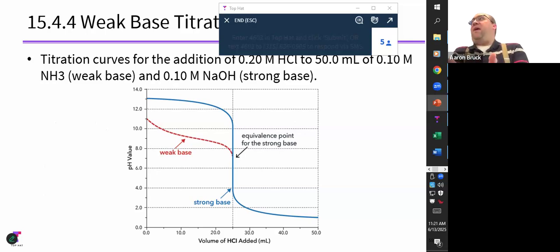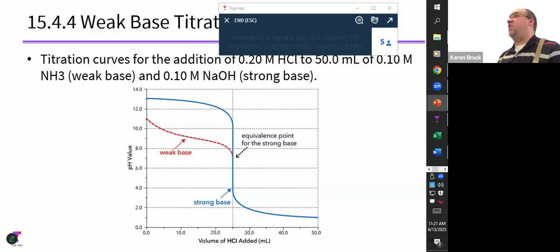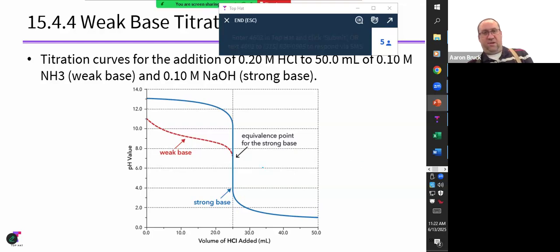I can have a weak base that I'm titrating a strong acid into. And for that, the titration curve looks the same, only reversed, kind of similar to what we saw for strong acid, strong base versus strong base, strong acid. We're starting at a high pH, we're ending at a low pH, and the main difference is, again, we've got a buffering zone up here.